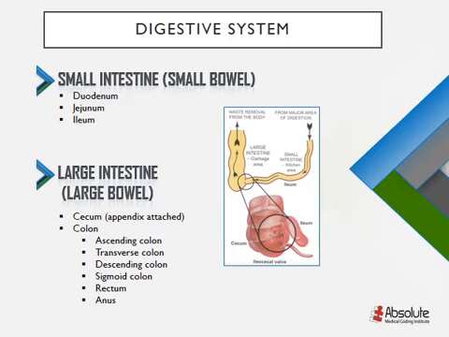If you remember me saying the large intestine begins with the cecum, so we end the small intestine with the ileum and we start the large intestine with the cecum, that ileocecal valve kind of blends those two terms together. And that is what connects your small intestine to your large intestine. So the large intestine is less than the small intestine. The small intestine is about 20 feet long in total, which is pretty incredible to be there in your belly.